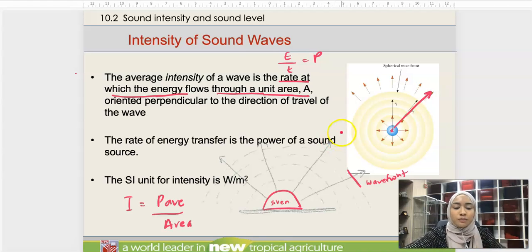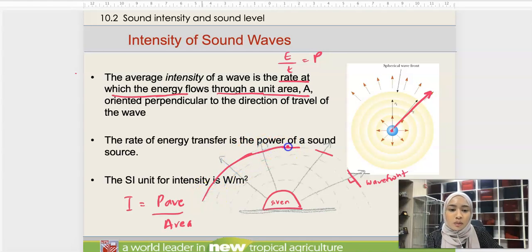The wavefront is perpendicular to the direction of the sound wave. So here, where is the wavefront? Here. This is also a wavefront. The whole thing is actually a wavefront, and it is perpendicular to the direction.